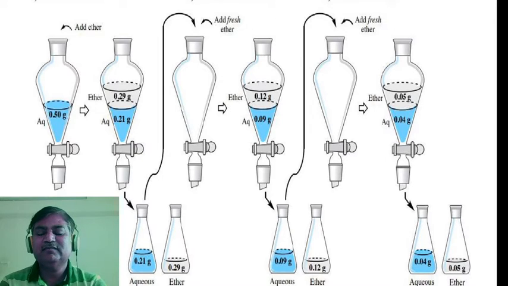Yes, see the second funnel. The aqueous phase gets settled at the bottom, the aqueous layer, and the organic layer is present at the upper side of the funnel. Now see the distribution. The aqueous phase contains a distributed amount of 0.21 gram.